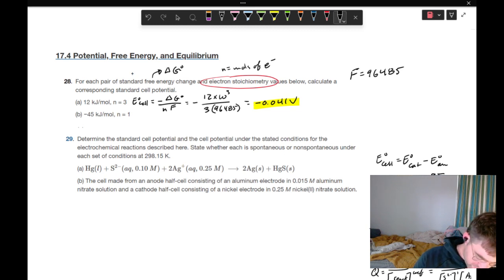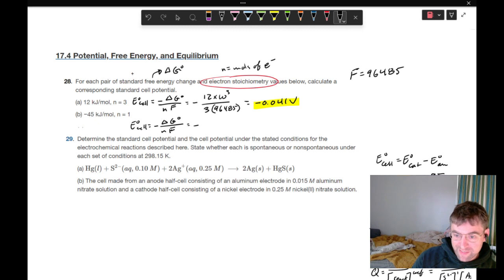Moving on to the next one, we have negative 45 kilojoules per mole and n of 1. So same deal. E naught cell equals negative change in Gibbs free energy over moles of electrons times Faraday's constant.